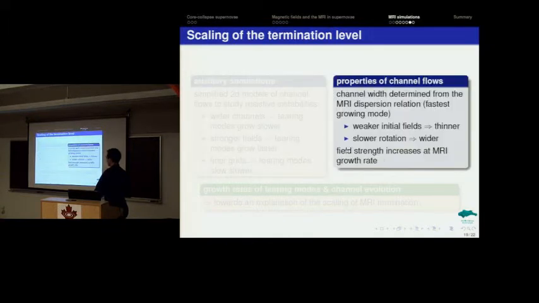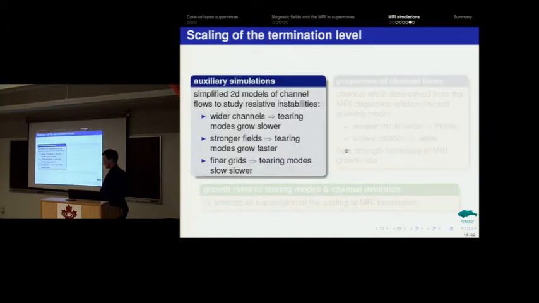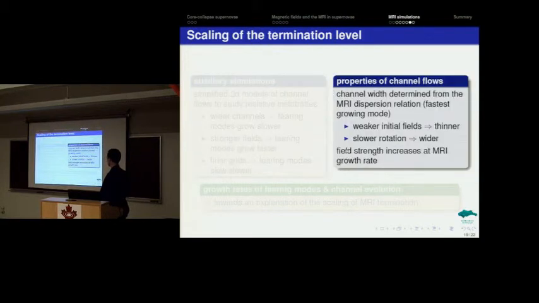Now we know, on the other hand, the properties of those channel flows. The width, for example, is roughly given by the MRI wavelength. And that explains, for example, why a slower rotation, leading to wider channels and thus slower growth of those tearing modes, leads to a higher termination amplitude. And similarly for weaker initial fields.